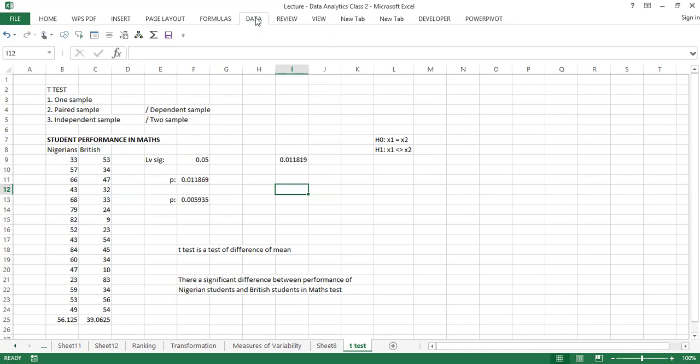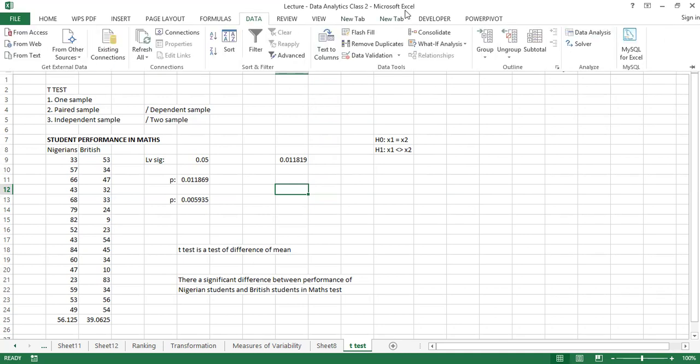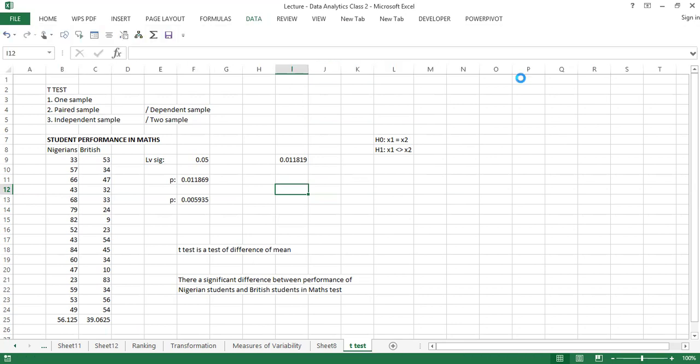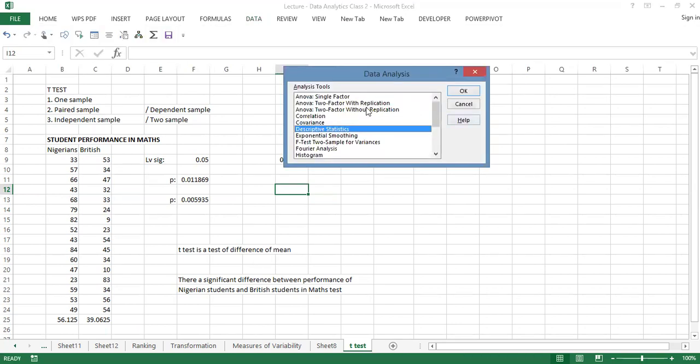It's better as it even gives a more robust output. Just click on data, click on data analysis. It opens up this dialog box. Look for t-test. What kind of t-tests? Let's say we are doing t-test, two samples, assuming equal variance.